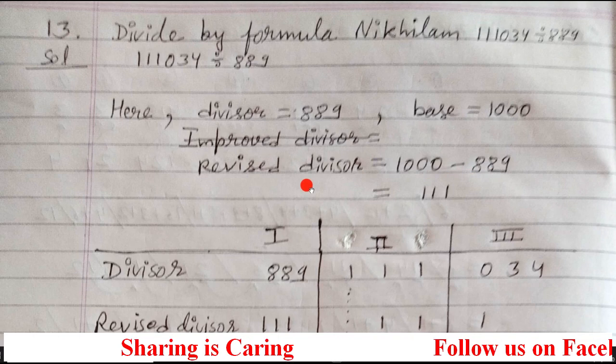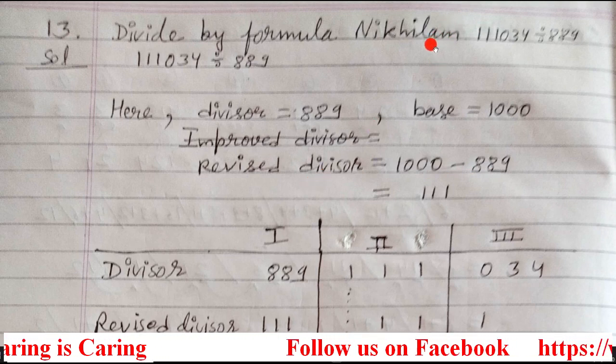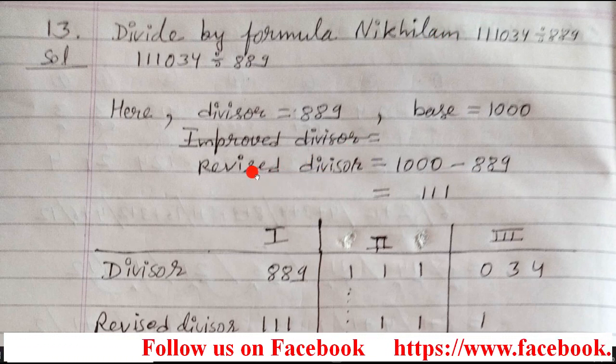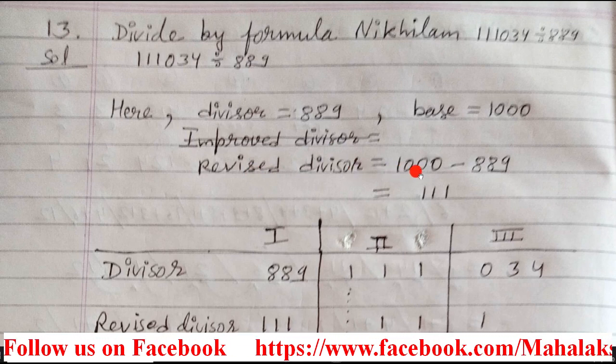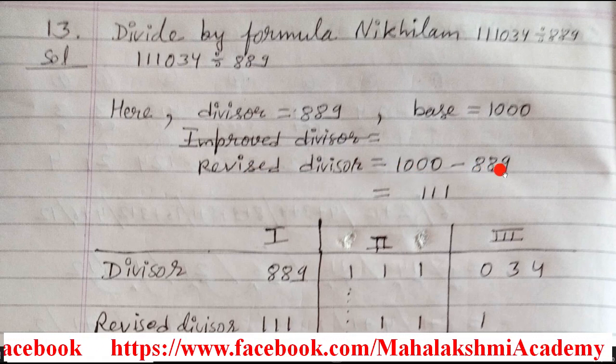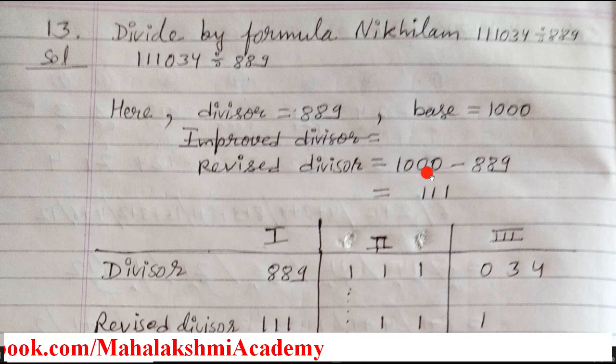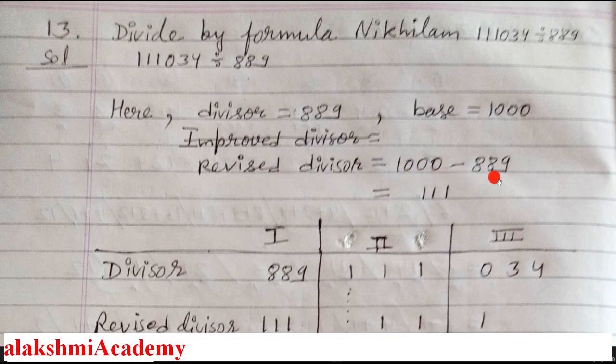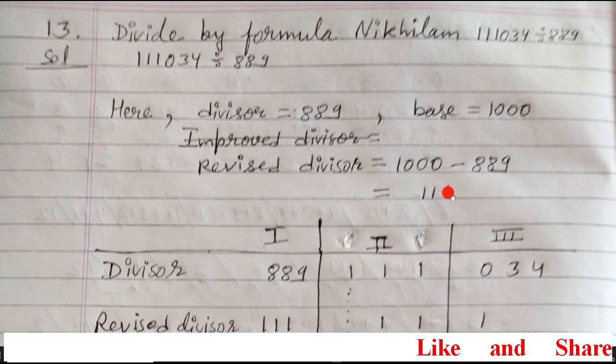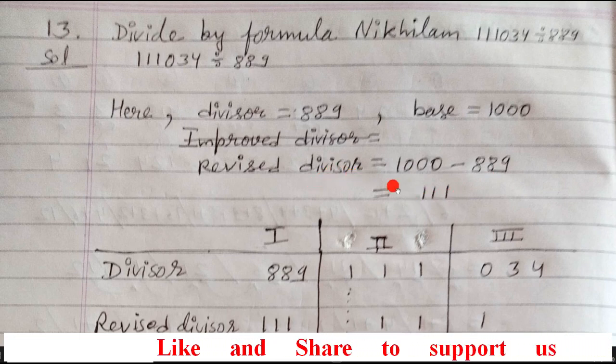So this thing you have to learn, that in the Nikhilam method of division, we have to find out the revised divisor. The formula is base minus 889. Here you have to take care that we are finding the revised divisor. So base minus 889. When you do this subtraction, you will get the answer 111. So this 111 is your revised divisor.